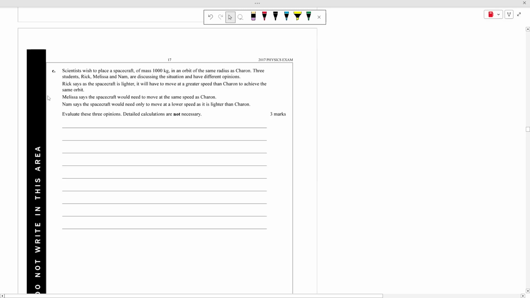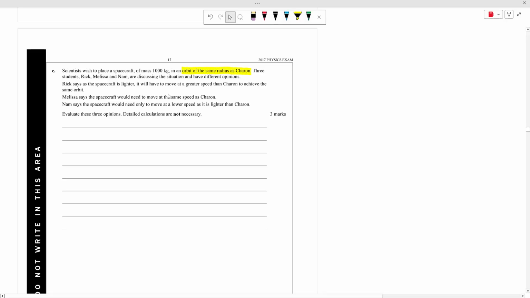Okay. Now, I am going to just look at them and think about how can we talk about the speed of an orbital body based on things we know about the orbital body. So what do we know about this spacecraft? Well, it says that it wants to be at the same orbital radius as Charon. Okay.